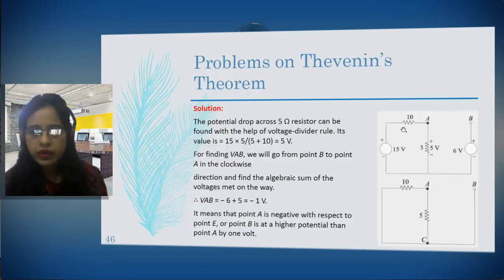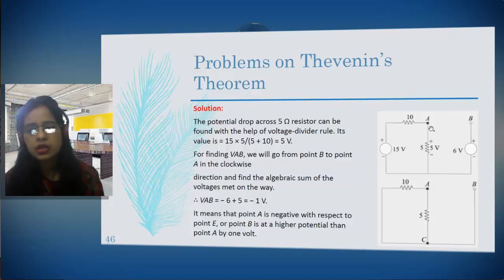So we'll find out this first. This is open, so only current will be flowing here. Applying the voltage divider rule, the voltage across this 5 ohm resistor is 5 volt.